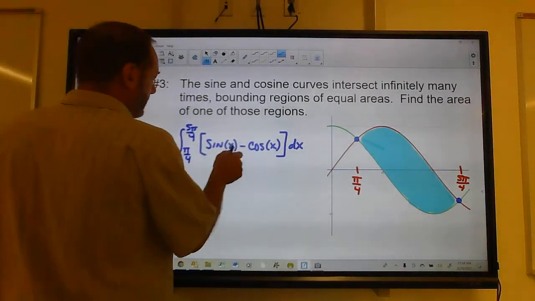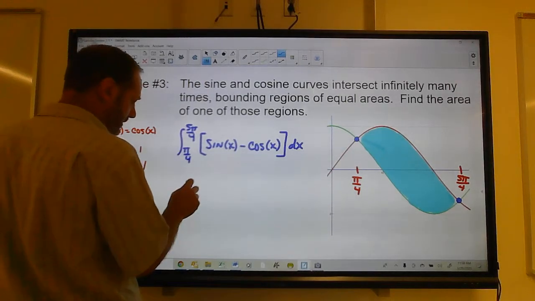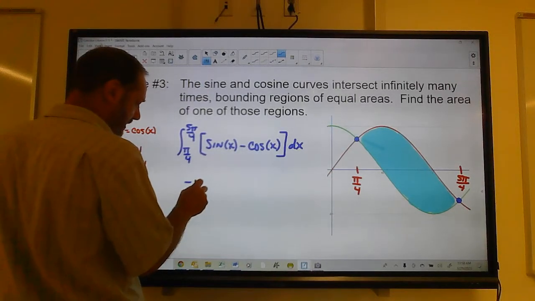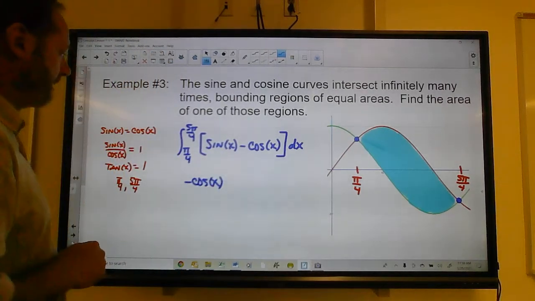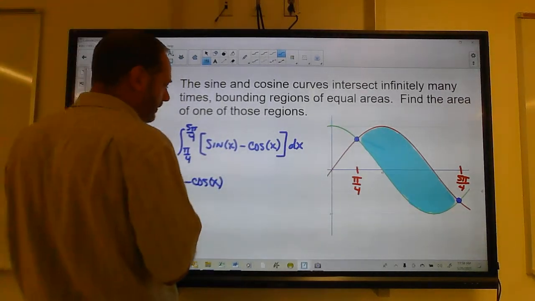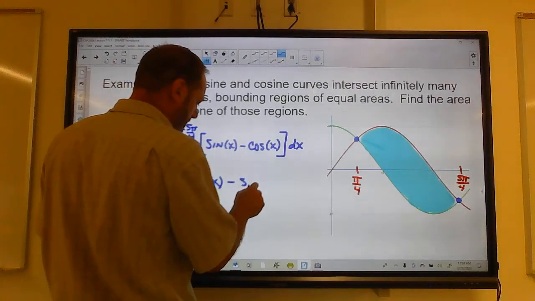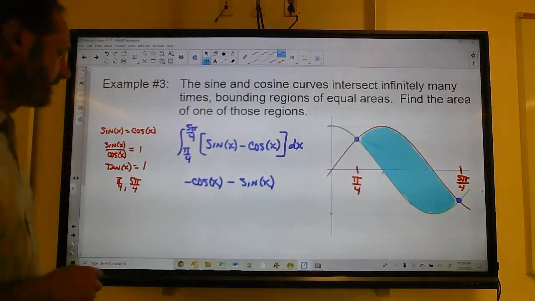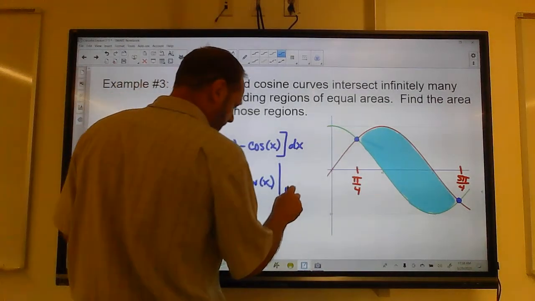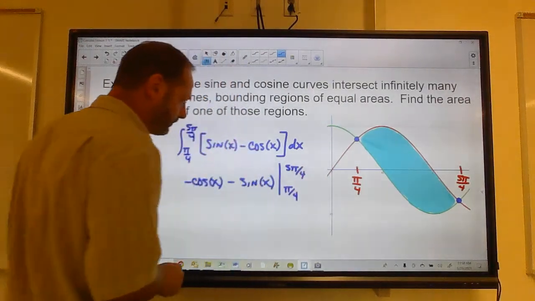All right, so we'll go ahead and let's see. The integral of sine is going to be negative cosine. And the integral of negative cosine is going to be negative sine. And we're going to evaluate that from pi over 4 to 5 pi over 4.